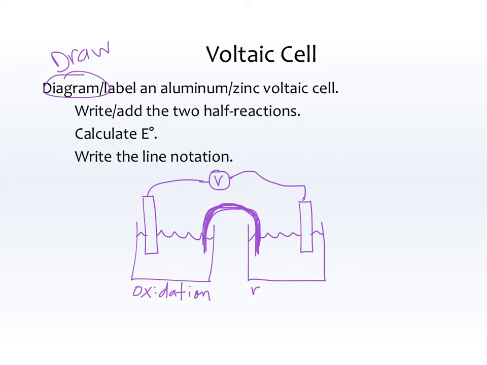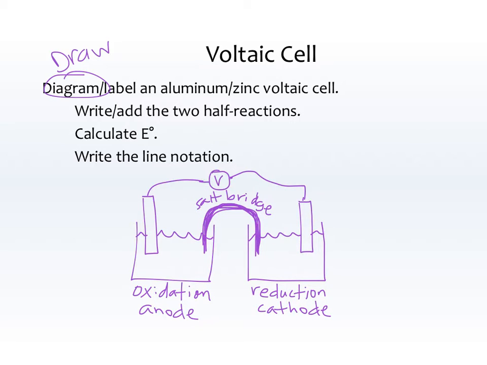On the right-hand side, I'll put reduction, but reduction does not have to be on the right. Since this is two beakers, you could definitely flip it. The oxidation side is called the anode. The reduction side is called the cathode. Let me label this salt bridge. So that is your generic voltaic cell.